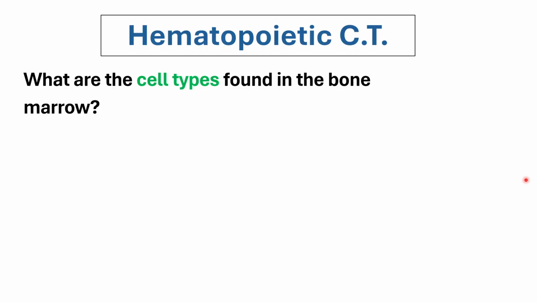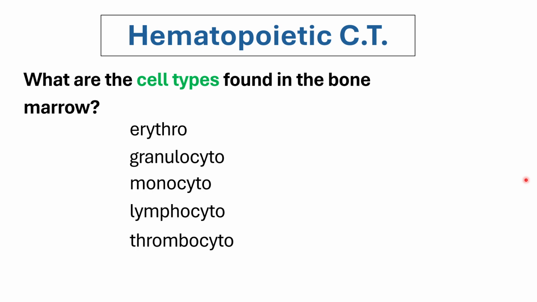Okay. So what are the cell types that we can find in the bone marrow? Basically, it would be the same cell types that you will find in the peripheral blood smear, but they would be in their very immature form, or in a spectrum of the immature stages.